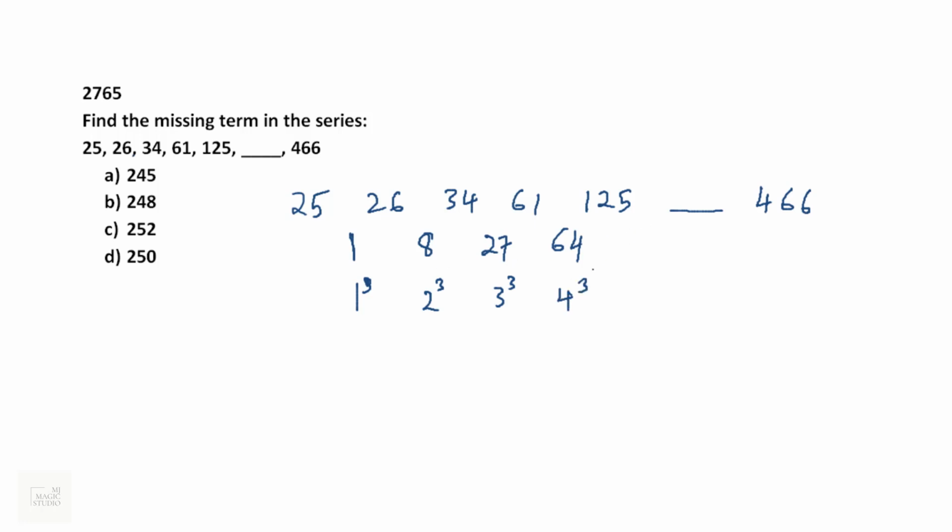That means differences are increasing in natural number cubes. It should be 5 cube, that is 125. 125 plus 125 is 250. Then let's add up 6 cube. 6 cube is 216 plus 250 is 466, and it matches. The missing number we are looking out for is 250, that is in option D.